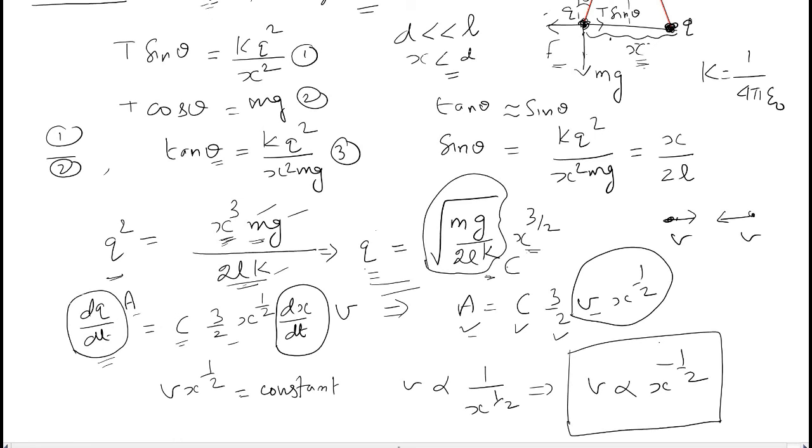So a is equal to c into 3 by 2 v x power half, a constant, c constant, 3 by 2 very well constant. So v x power half is a constant. We can say v is inversely proportional to x power half. Then only v x power half will be a constant. Right? So v is proportional to x power minus half.